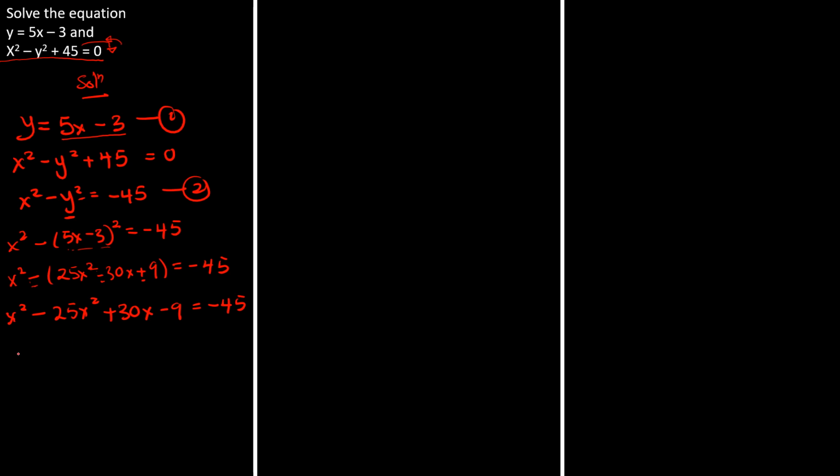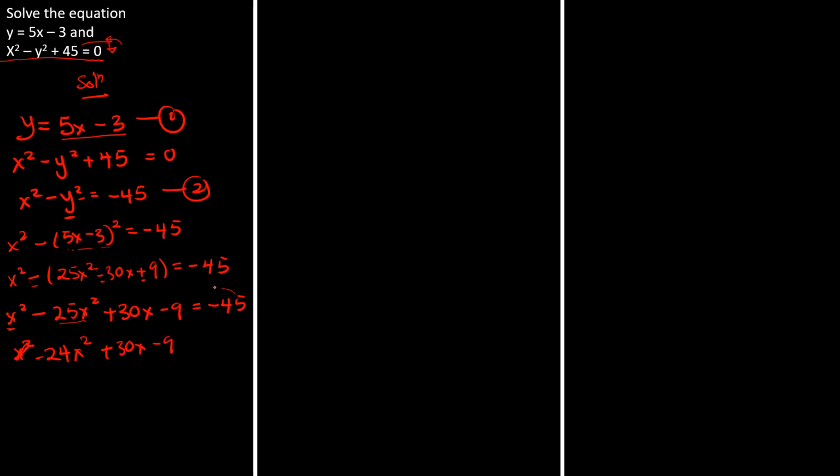So from here, x squared minus 25x squared will give me negative 24x squared, then plus 30x, then minus 9.